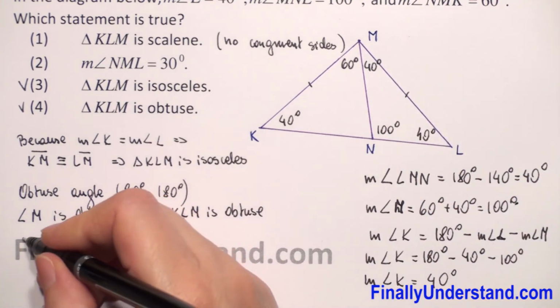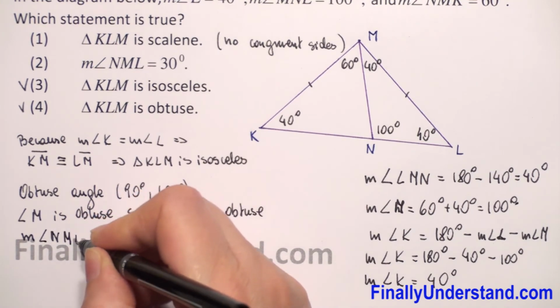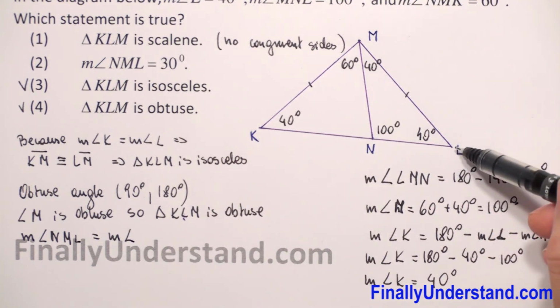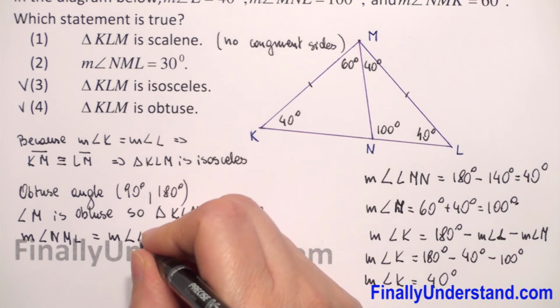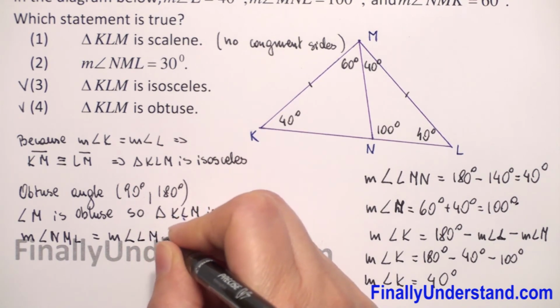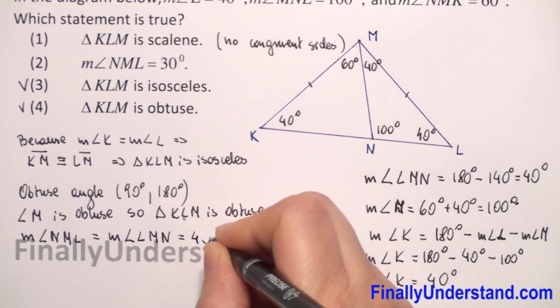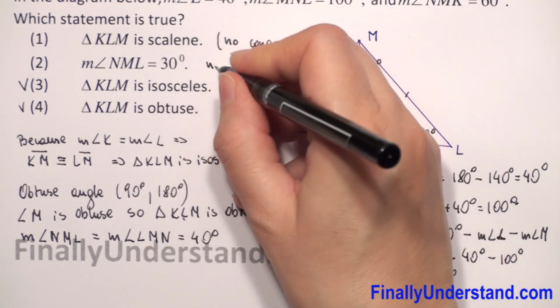So we can write that measure of angle NML is equal to measure of angle LMN. We calculated, and it is equal to 40 degrees. So the second statement is not true.